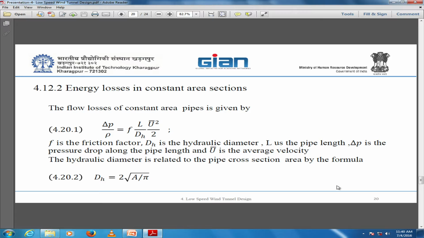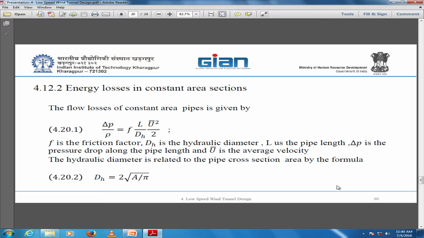This one is direct. f is expressed directly from the Reynolds number and the relative smoothness of the surface. So you get the friction factor by this formula instead of using the graph, which is sometimes a bit difficult.